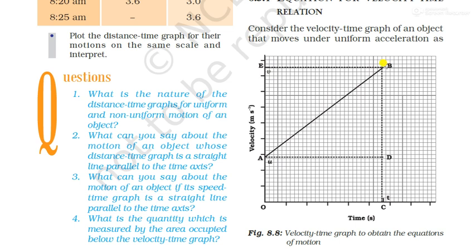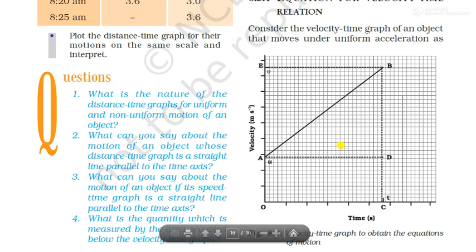At point B, the time taken by an object to attain final velocity is t. From point B, we construct a line BE parallel to x-axis. Similarly, we construct a line BC which is parallel to OE, and one more line AD, which is parallel to OC.